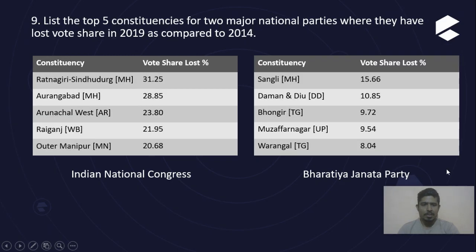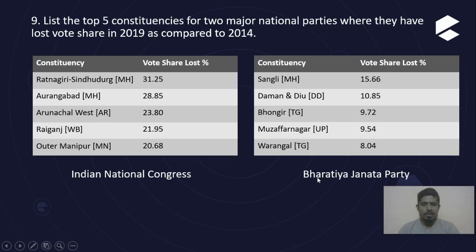Next query of the primary analysis is top five constituencies for these two national parties where they have lost vote share. They have lost vote share in 2019 as compared to 2014. So these top five constituencies in terms of INC are Ratnagiri Sindhudurg constituency from Maharashtra, Aurangabad constituency from Maharashtra, Arunachal West constituency from Arunachal Pradesh, Raiganj constituency from West Bengal, and Outer Manipur constituency from Manipur.